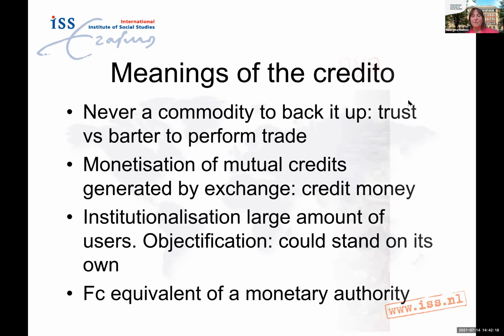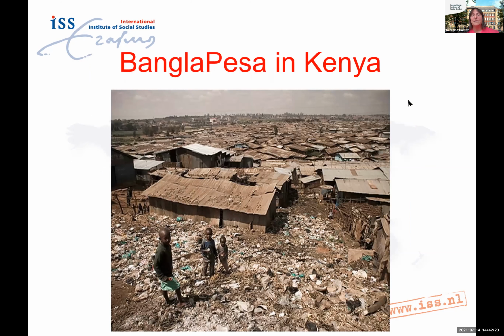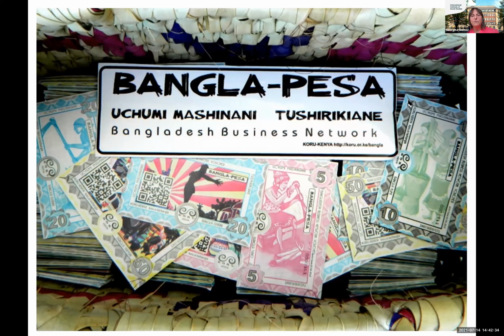And something very similar is also in Kenya. This is a photo of Mombasa, one of the biggest slums in Kenya, where somebody came up with a very similar idea. This type of voucher, this currency, was called Bangla Pesa.